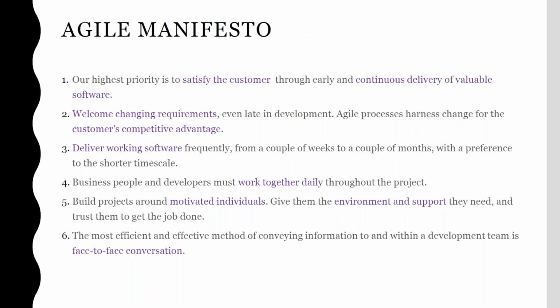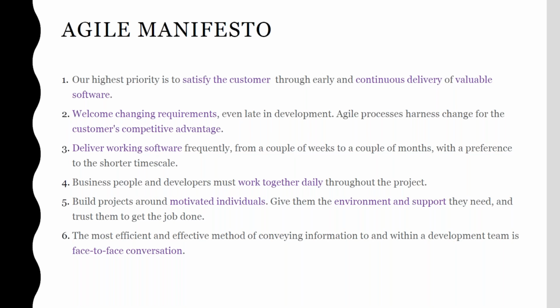Remember this, guys. You have to keep these things in mind while you're working in agile Scrum. The first principle: our highest priority is to satisfy the customer through early and continuous delivery of valuable software. That is our highest priority.